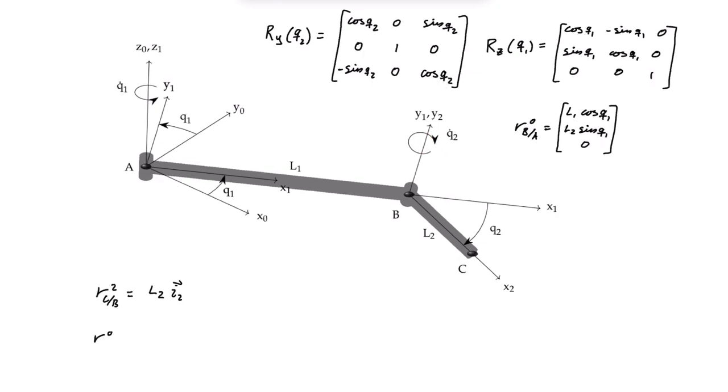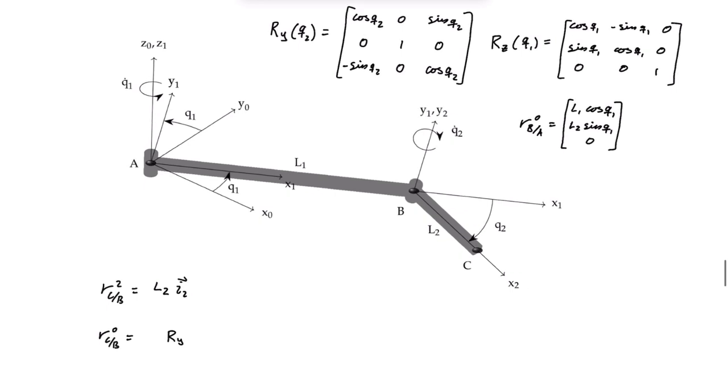The vector from the reference point 0 would now be equal to, so first we transpose, rotate around the y-axis, and multiply by r_B, and then we rotate around the z-axis. We need to do it in this sequence because first we rotate around the y-axis, and then we rotate around the z-axis here.